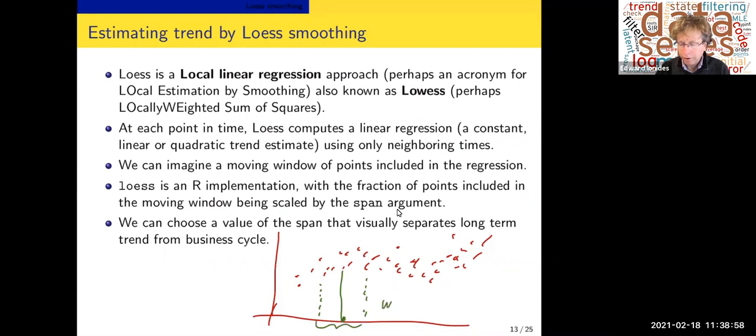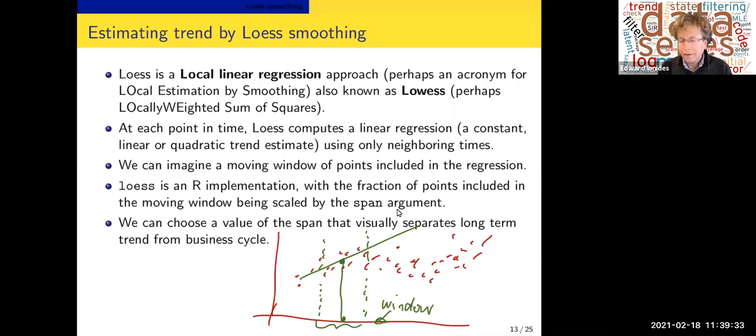This is my window, and then you do a least squares fit based on points in that window, and then you evaluate that at this center point, and that is the Lowpass value of the smoother at that point.